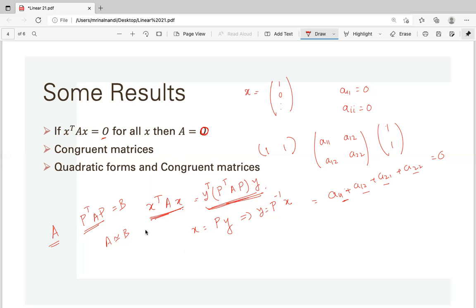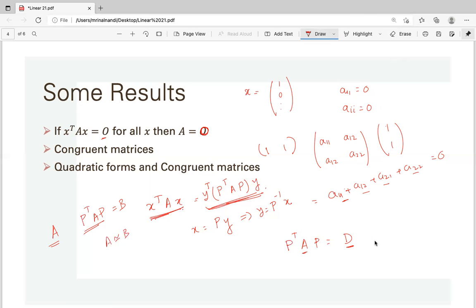Now the idea is this: if you have a matrix A, we want to find a proper non-singular matrix such that P transpose A P is a diagonal matrix. Once A is congruent to the diagonal matrix D, for the diagonal matrix it is easy to verify whether the quadratic form is positive definite or semi-definite or other classes. We already checked that the diagonal matrix and the matrix A have the same definiteness property.